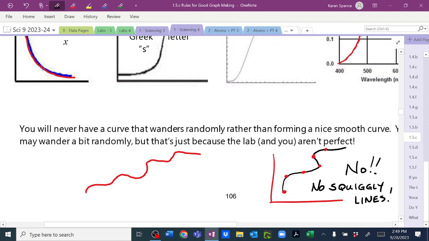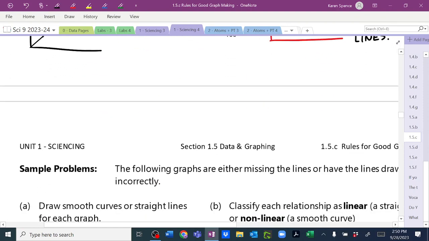No squiggly lines. If you have data like that, you're going to go, oh, I can just draw a straight line through that. Okay, that is a linear relation.